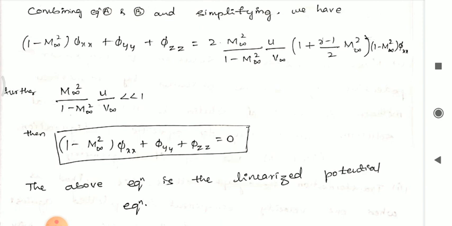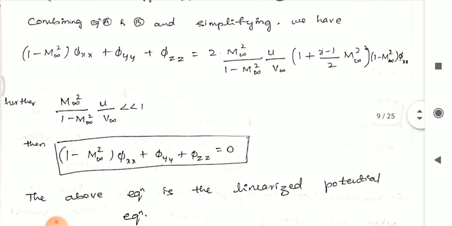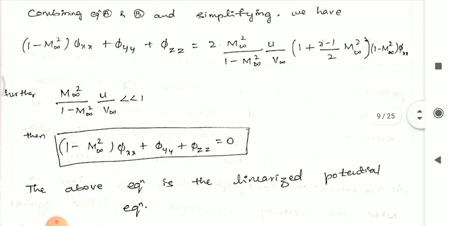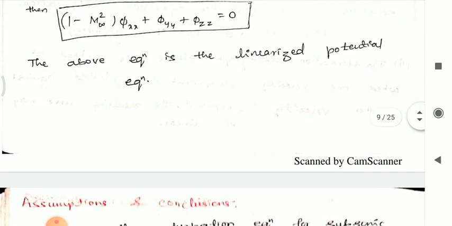First term will go to 0, second term will go to 0, third term will go to 0. Just take that and you'll have the final equation as (1 minus m∞²) φxx plus φyy plus φzz is equal to 0, and that particular equation is called the linearized potential equation.